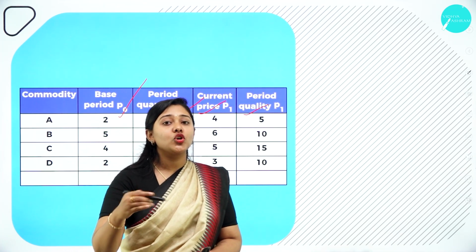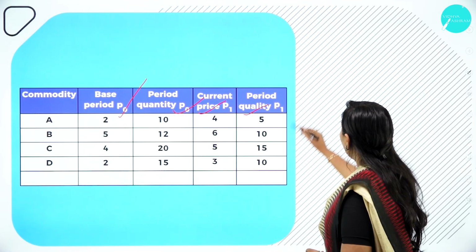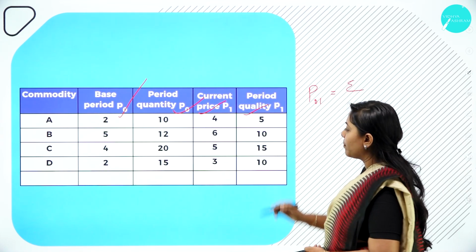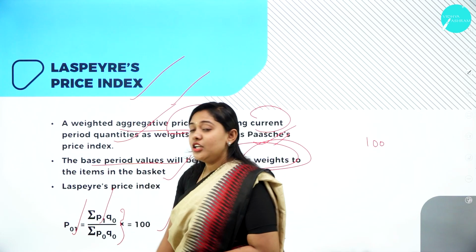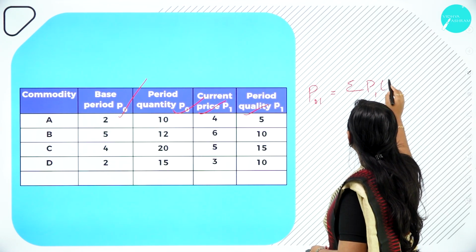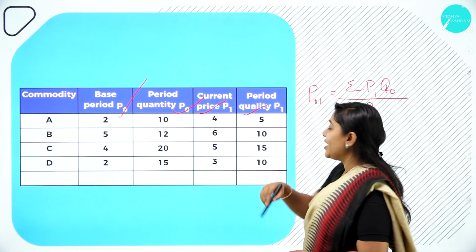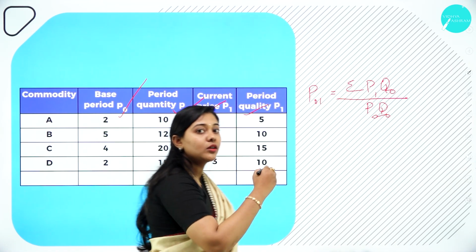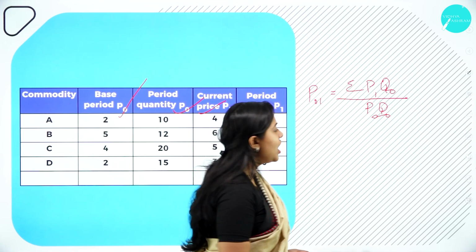What is the percentage of change that has happened? So what is the formula? Laspeyres price index is equal to sigma P1 Q0, the current price times the base period quantity, divided by sigma P0 Q0, the base period price and base period quantity.